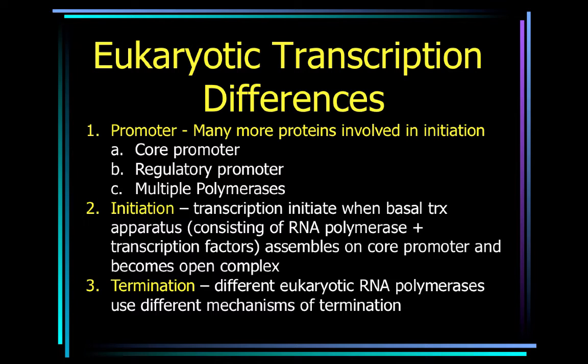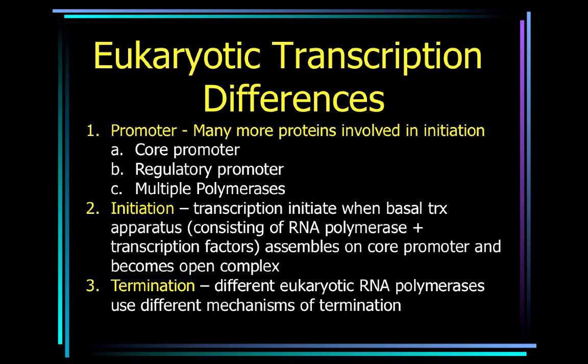In eukaryotic systems, we're not only going to have the general or core promoter region, we're also going to have regulatory promoters that can either speed up or slow down how fast transcription takes place. And in eukaryotic systems, there's actually multiple polymerases, like we talked about earlier, that have very different functions depending on what type of RNA is being produced.